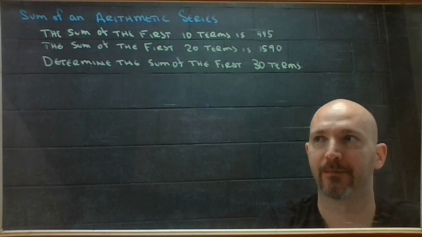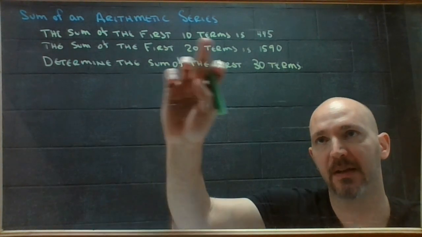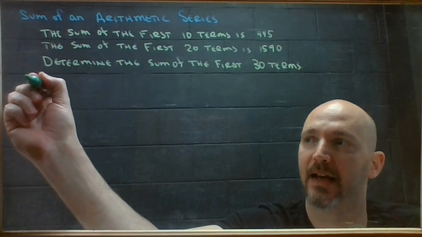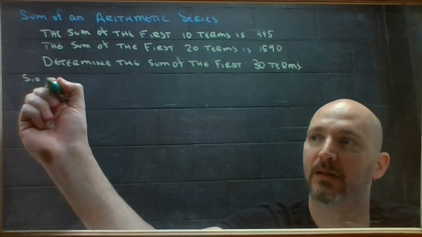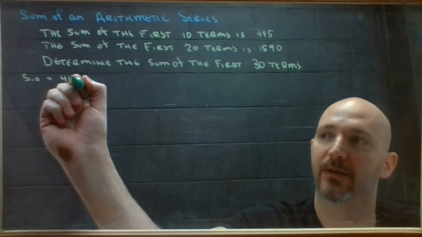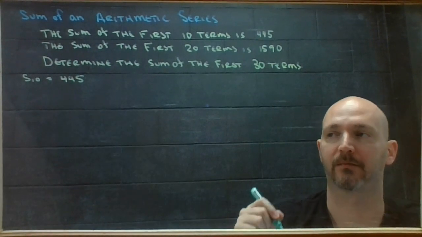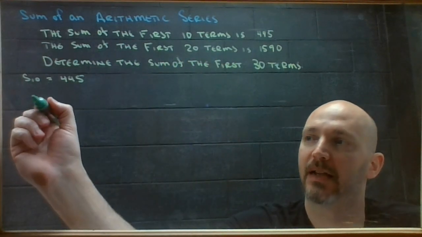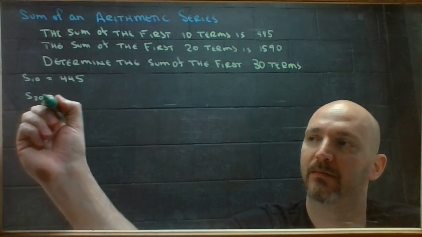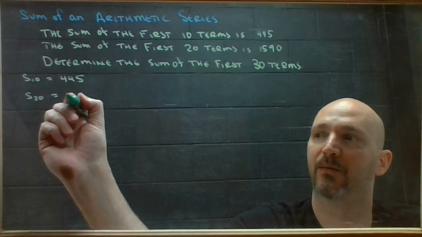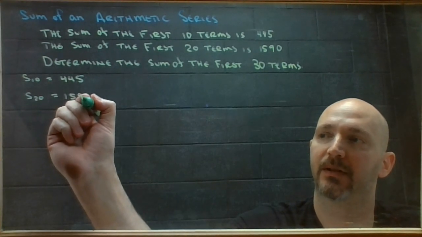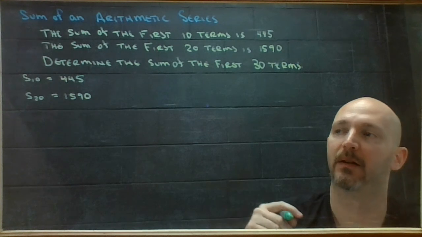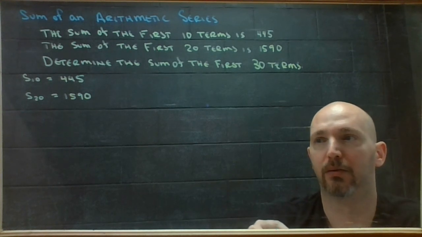Okay, well, this piece of information here, that's S10, and it has a value of 445. This piece of information here is S20, and it has a value of 1,590. Whew.